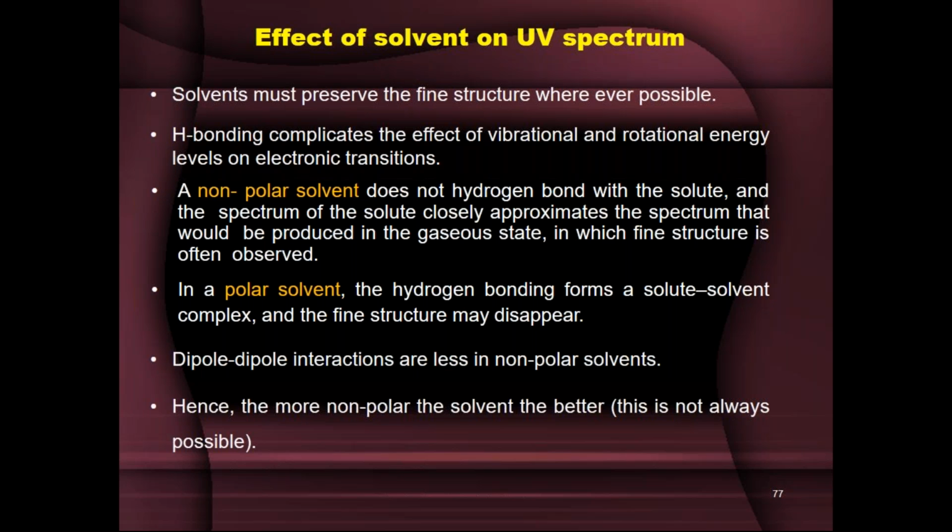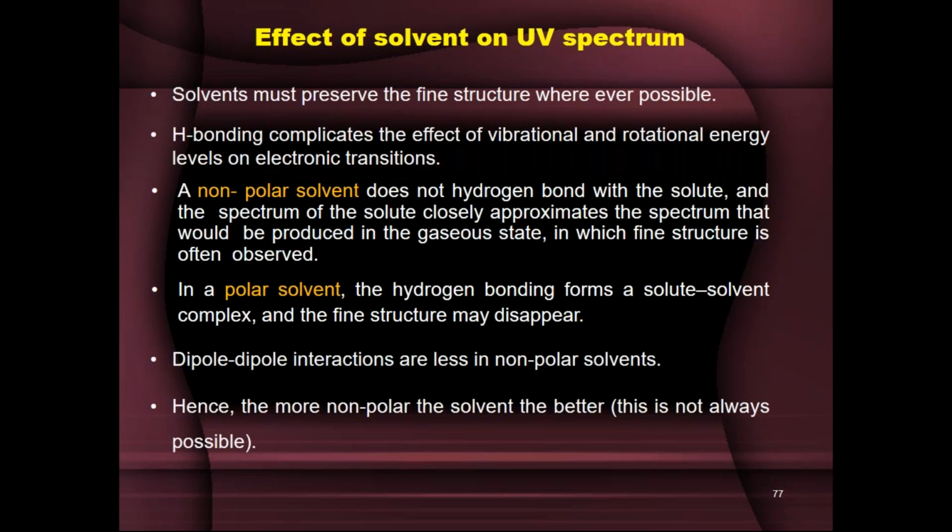What is this fine structure? I will show you a picture after this slide. This is mainly because of the vibrational and rotational transitions that are superimposed on electronic transitions. We have seen earlier that whenever you have an electronic transition, you also have a number of vibrational and rotational transitions. These come as rotational lines and vibrational narrow peaks, all superimposed on the broad electronic absorption peak.